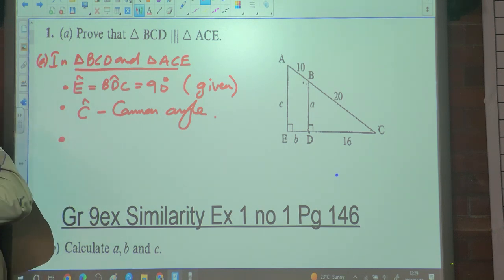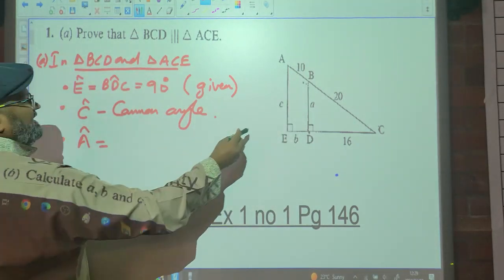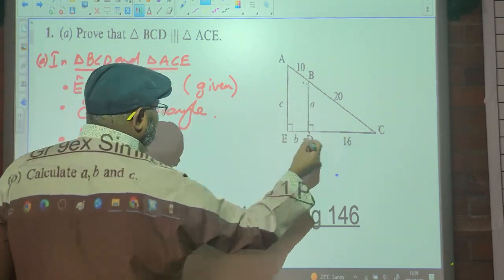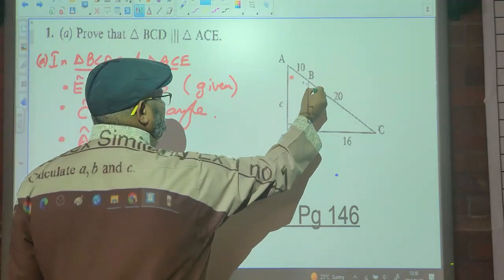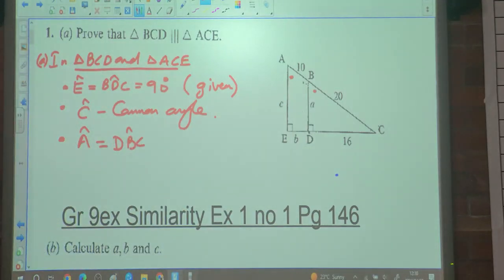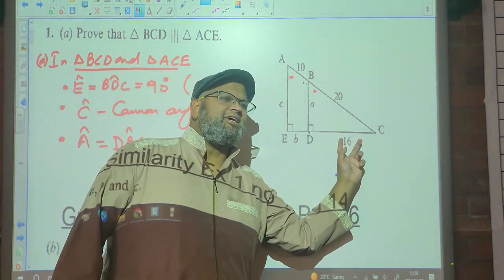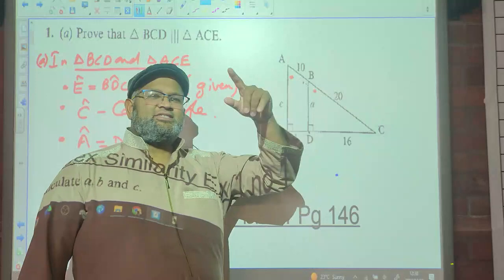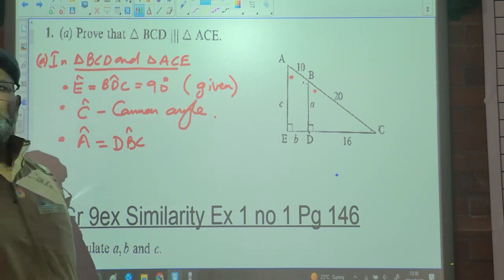Then thirdly, what's the last angle we have to give a reference for? Angle A has to be equal to angle DBC. Why is this angle now equal to that angle? Can I say corresponding? No, why not? They're not parallel. But what did we say yesterday? We said that if two angles are equal, automatically the third one will be equal. So can you say it's the exterior angle of a triangle?